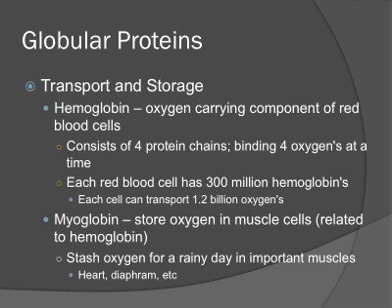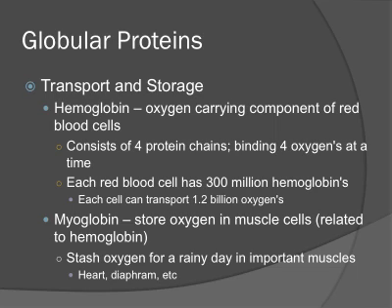Okay, these types of protein are also very important when we're talking about transport and storage. We've talked about hemoglobin several times this unit, but hemoglobin is the oxygen-carrying component of red blood cells. They consist of 4 protein chains, which means each can bind 4 oxygens at a time.